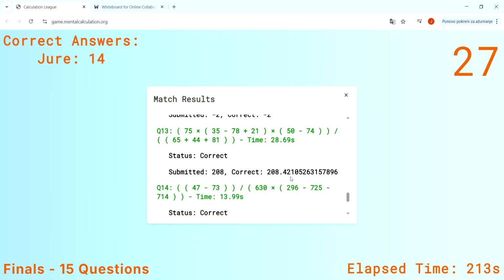I almost never do that. I just approximate, okay, it's a bit less than 21, so I will do 208, and I try it. If it's not, it will probably be 209 or 207, and that's it.